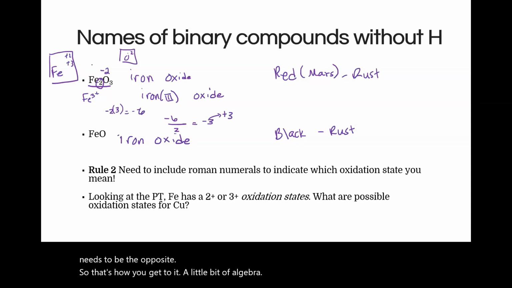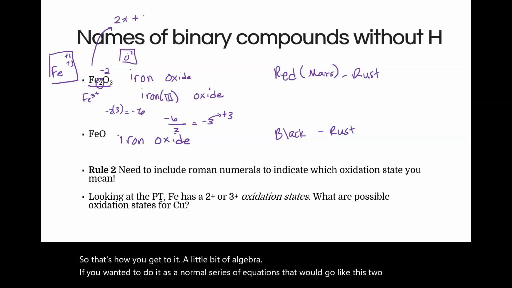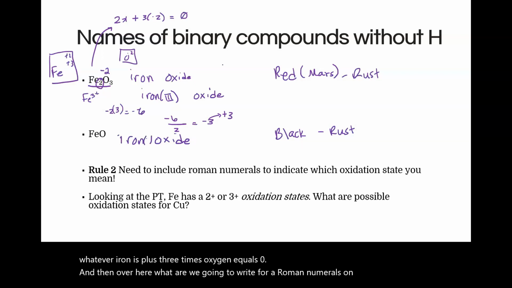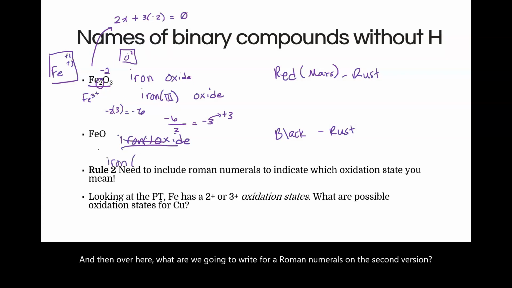If you wanted to do it as a normal series of equations, it would go like this: 2 times whatever iron is plus 3 times oxygen equals 0. Either way. And then over here, what are we going to write for our Roman numerals on the second version? I'm actually going to rewrite it. So if this is 3, what's this one?